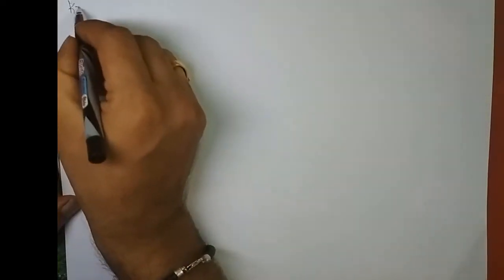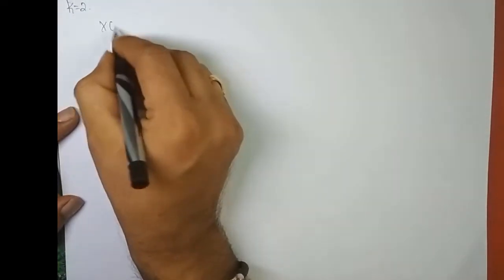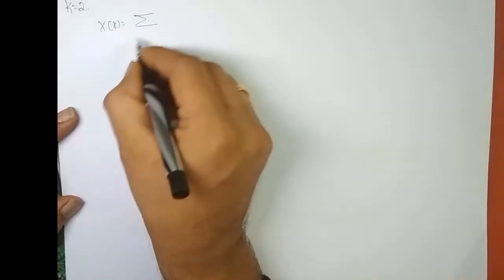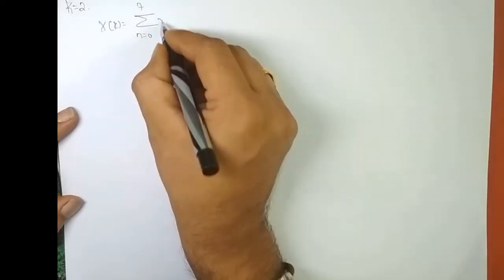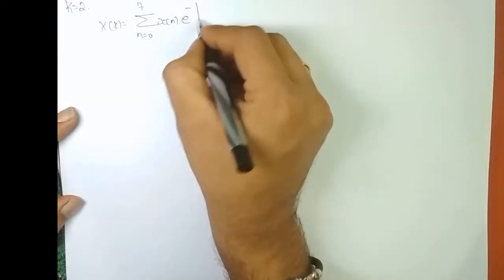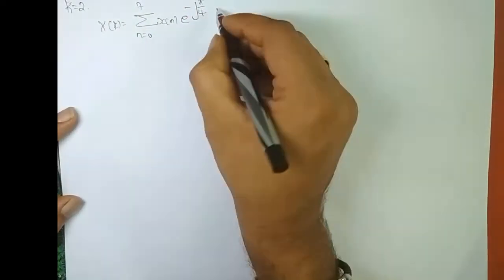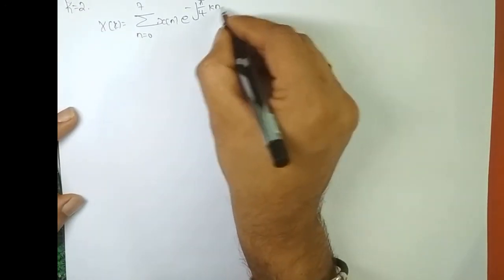For k is equal to 2, what is the formula we had? X of k is equal to summation n varying from 0 to 7 x of n e power minus j pi by 4 into k into n, right?